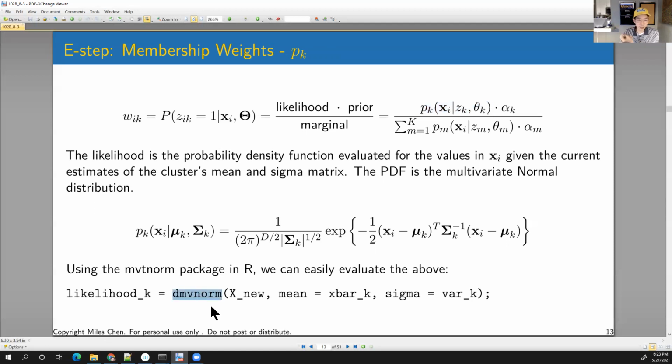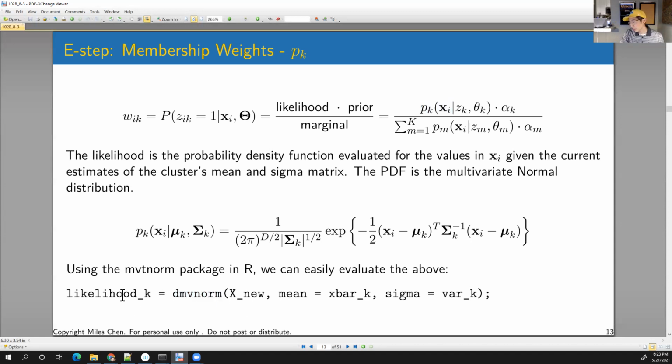I think we did something very similar when you did your Bayes classifier in your homework, okay? Actually, in the homework, it was the naive Bayes classifier, but effectively in the lecture it was something very similar, except in the homework you had a product of normal distributions. Here, we're just going to use the multivariate normal distribution directly, all right?